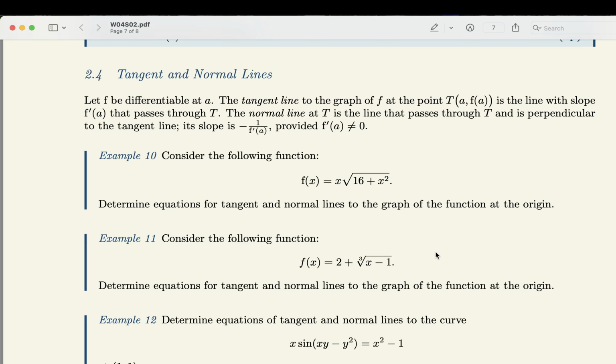Yes, that's the k value. And then I showed you that the formula of the tangent line will be y minus f of a equals the k value, which is f prime of a, times x minus a. This is something good to remember. This is called the tangent line, yes?